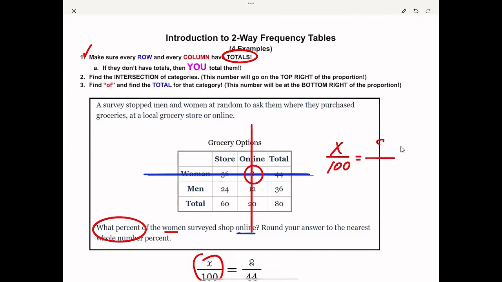That goes on the top right. Now, the second part is to look at the "of." We want the total number of women they surveyed, and that would be 44, and that goes on the bottom here.